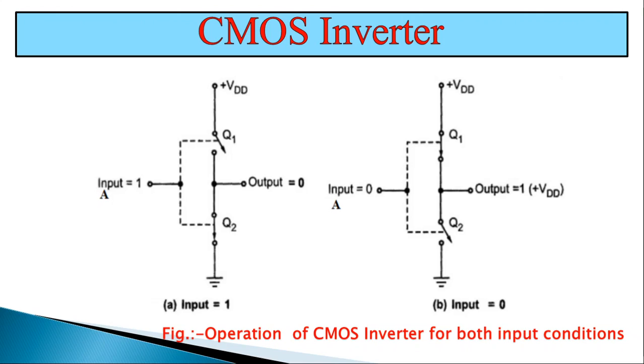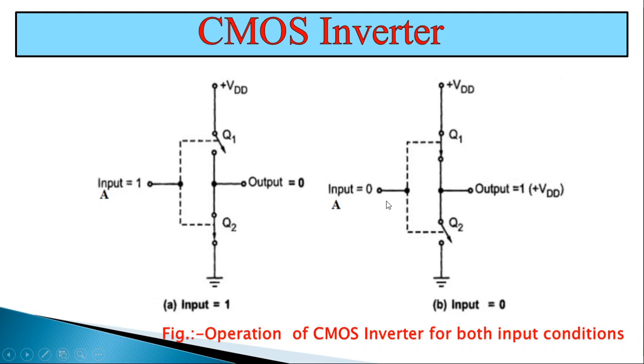Thus Q2 is on, and this will produce Vout nearly equal to 0 volt as shown in figure A. That means when input A is equal to 1, the output Y is equal to 0.